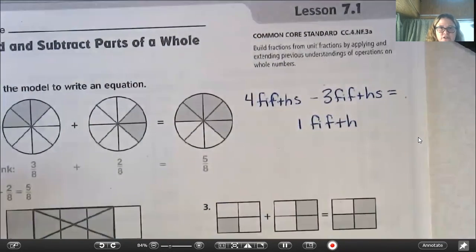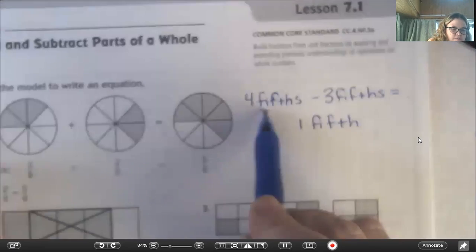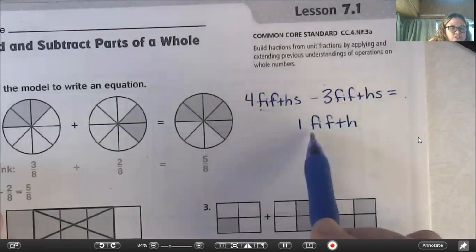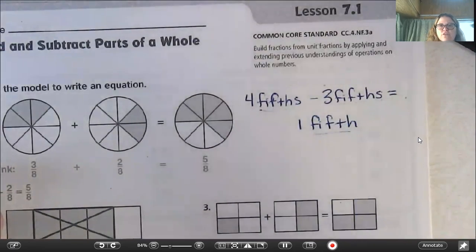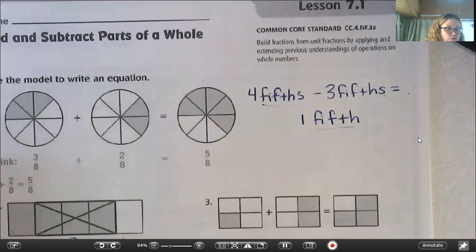So that is what I want you to see: your denominator, if written out in words, is just a label for the numerator. It is telling you what shape or what size the part is of the whole.